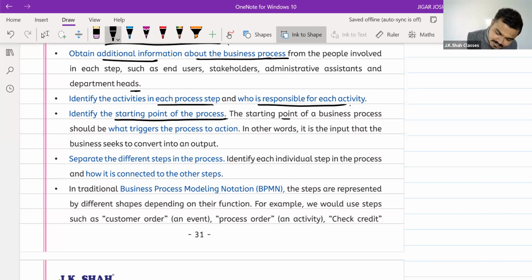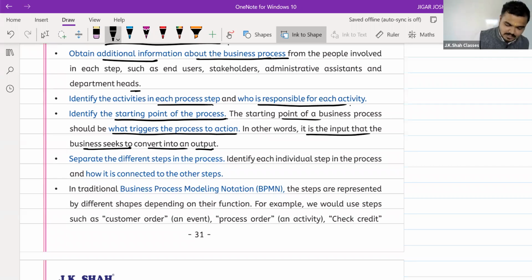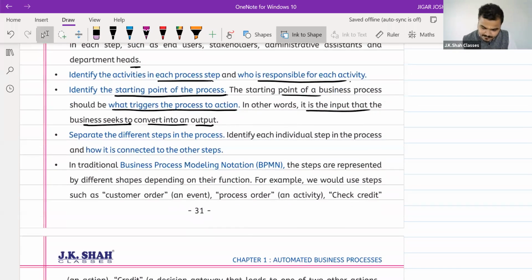Identify the starting point of a business, which should have what triggers the process into action. It will determine how we can put our process into action. In other words, it is an input that the business seeks to convert into an output. Separate the different steps in the process.